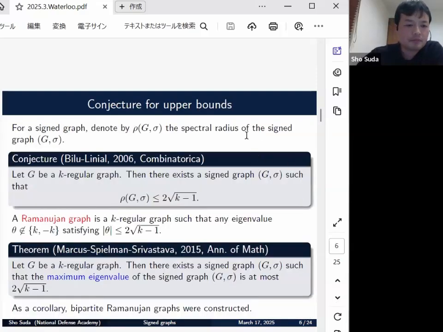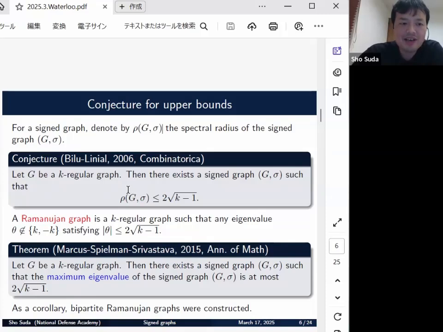So, for the spectral radius, as we know about these two, in this talk we use the notation rho of G sigma, which is defined as the spectral radius of the signed graph G sigma. This was conjectured by Bilu and Linial in 2006 in the paper that appeared in Combinatorica. Let G be a k-regular graph, and I didn't write it, but k must be at least 3.